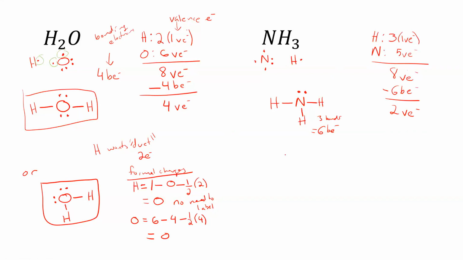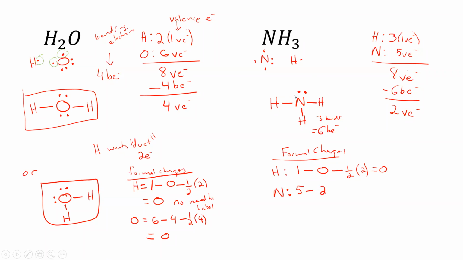If we want to calculate the formal charges, each hydrogen will have 1 valence electron in the free atom, minus 0 lone pair electrons, minus 1/2 of the 2 electrons that are shared in the bond. So 0. And nitrogen, which normally has 5 valence electrons in the free atom, you'll subtract off the lone pair electrons.